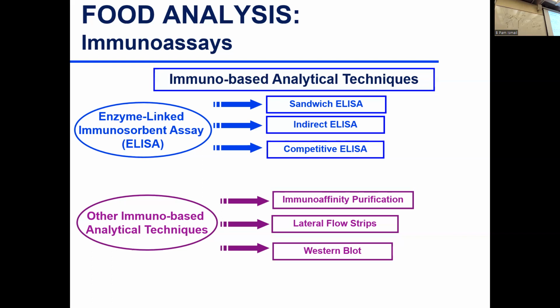So there is a direct sandwich ELISA and there's an indirect sandwich ELISA, and I will explain the difference. And then we have competitive ELISA, which is very specific to small antigens, non-protein, like mycotoxin, for example. So small particle, small antigen, small molecular weight.